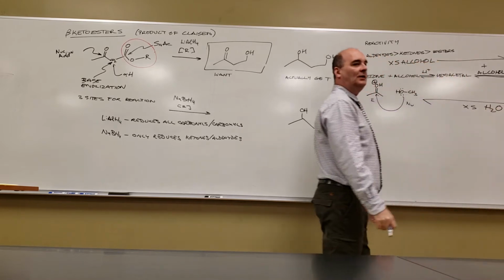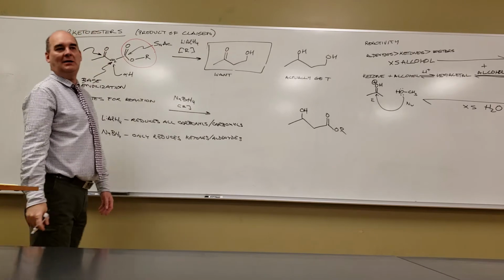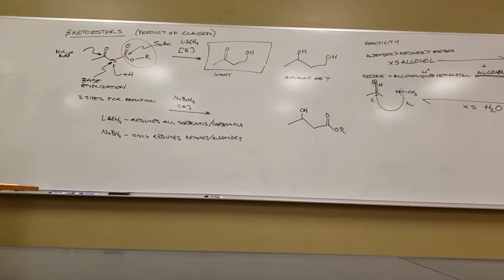And the equilibrium pushes back and pops out my ketone again. This is a reversible reaction that will take the ketone or aldehyde out of this molecule, off the table, then we can reduce the ester.